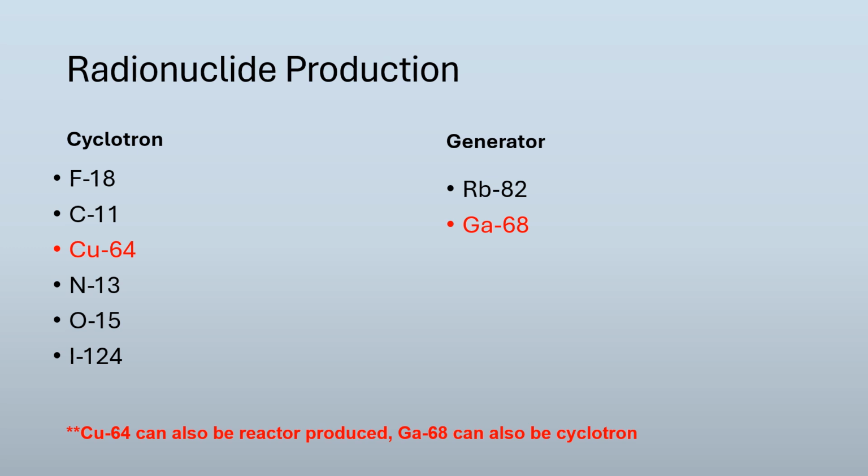And then generator is rubidium 82 and gallium 68. I have copper and gallium in red. Copper can also be reactor produced, although it is mostly produced in a cyclotron. And then gallium can also be cyclotron produced, although we most commonly see it produced by a generator.